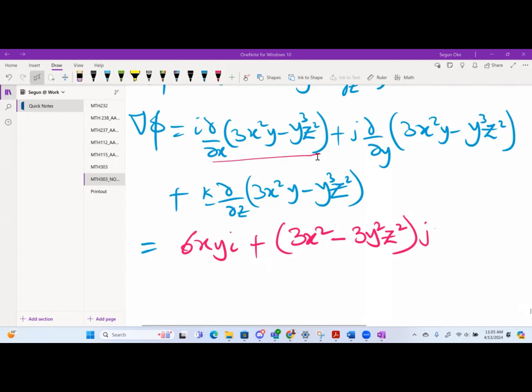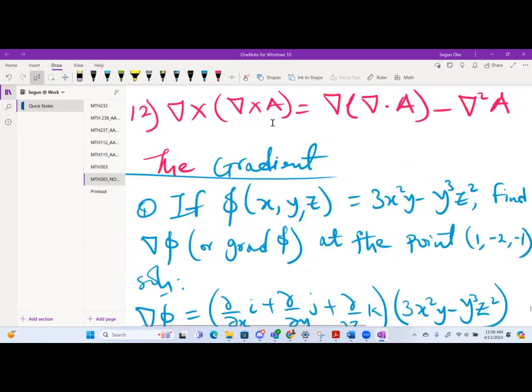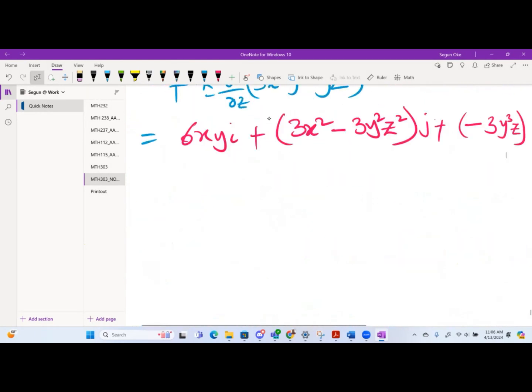Then we need the third one, with respect to z, which is k. It will be minus 2y cubed z. Is it 2 or 3?